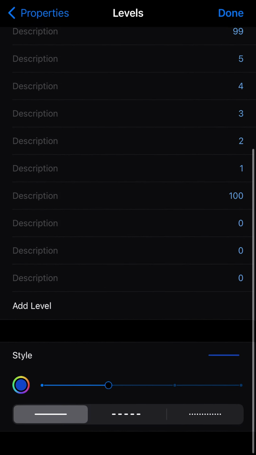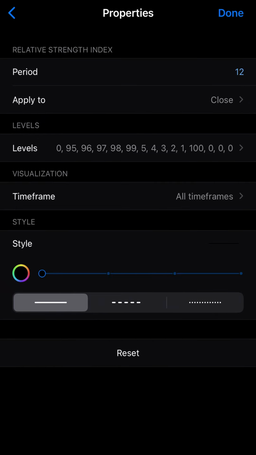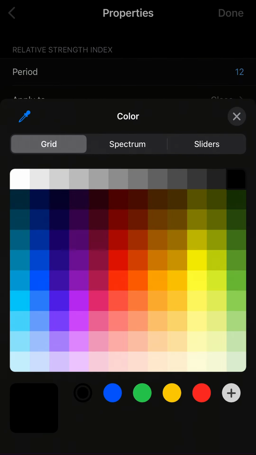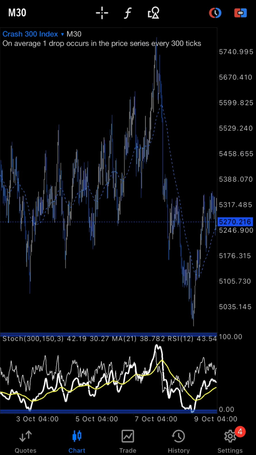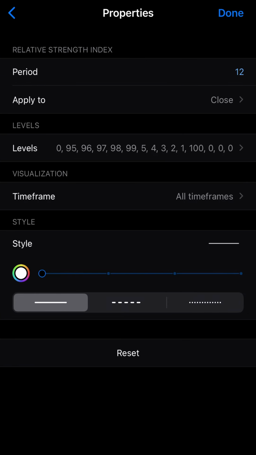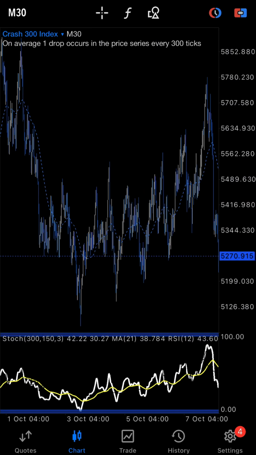It's just for you to note the overbought and oversold regions. Make sure you set the style of the RSI to the color of your background, so that it doesn't disrupt the view. All you need is the stochastic.